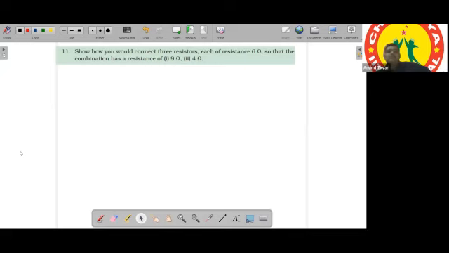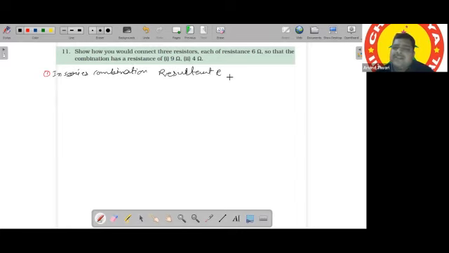To obtain a resistance of 9 ohm, how do we get this? Just by using the concept that in the series combination, the resultant resistance is greater than the greatest.